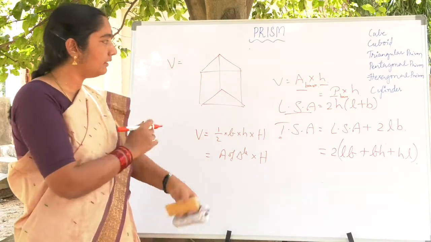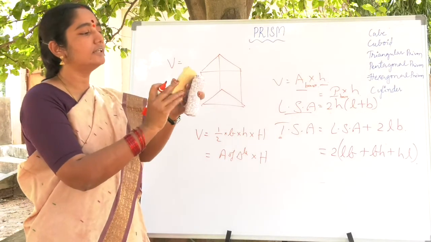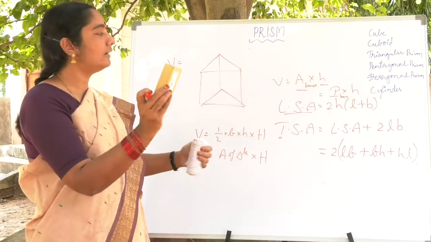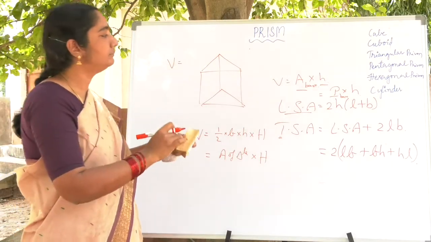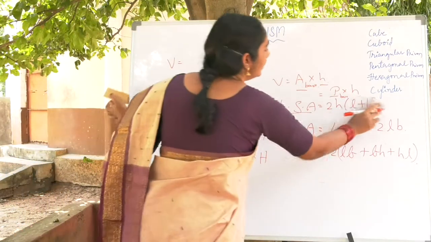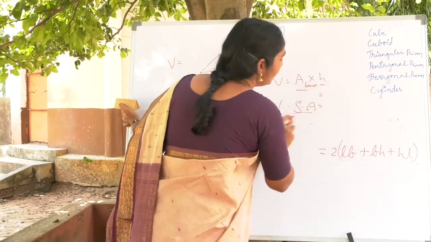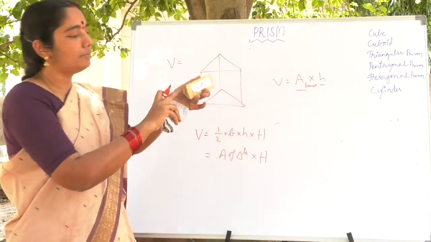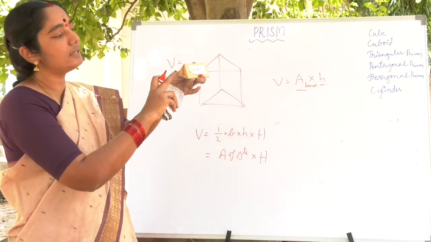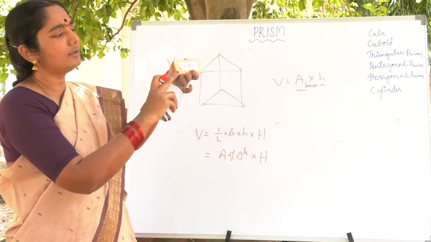Now for example, the lateral surface area in this case. Lateral surface area is nothing but the perimeter of the base into height. In this particular case, you have to take the perimeter of the triangle, let it be an equilateral triangle or a scalene triangle or whatever it is.